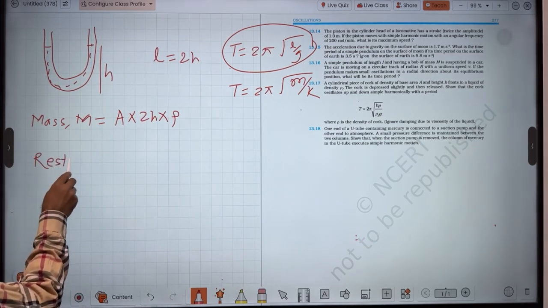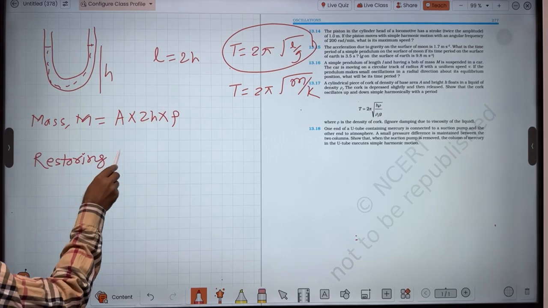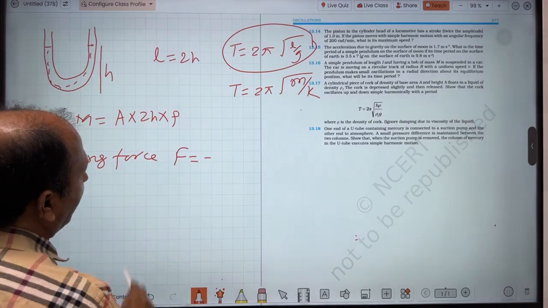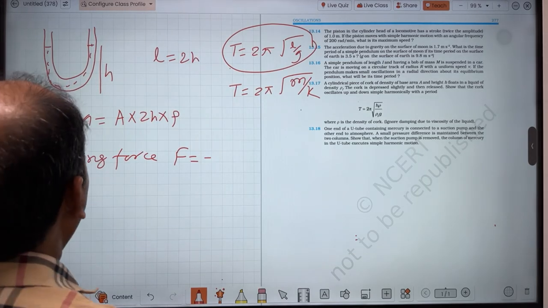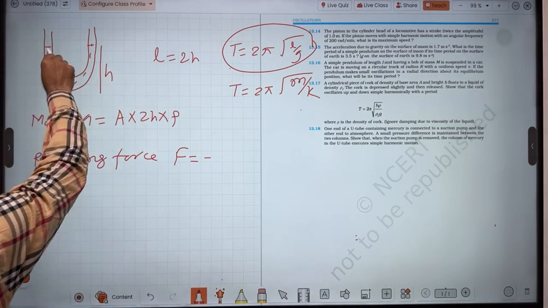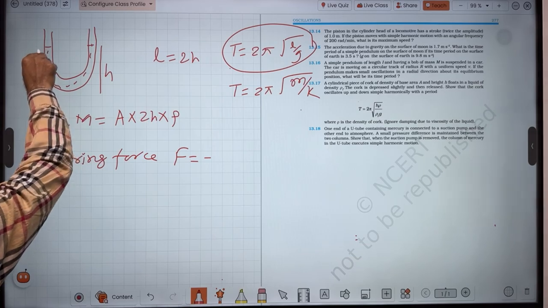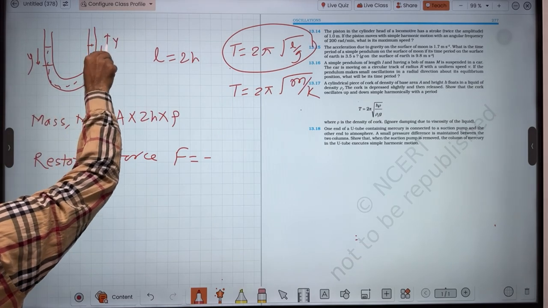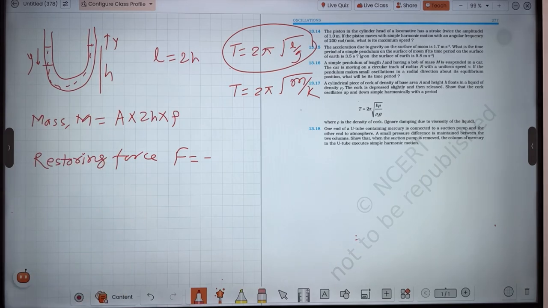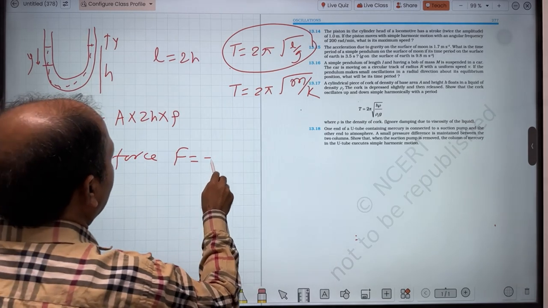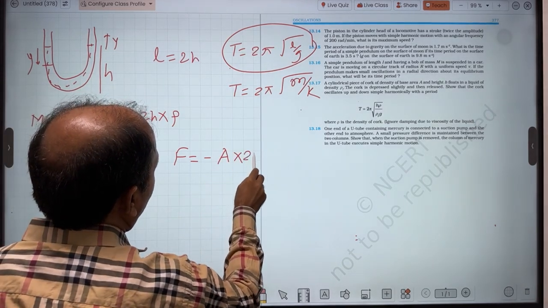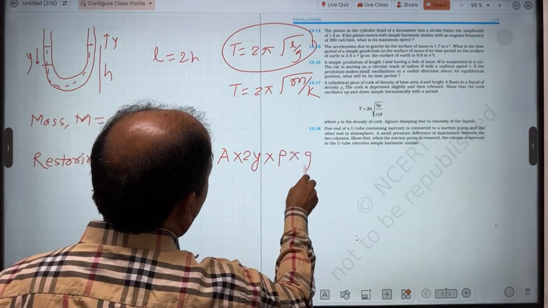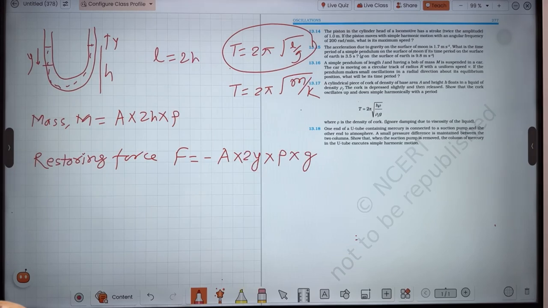So we can say the restoring force F will be equal to minus... Here we are pressing it through distance y, then it will rise through distance y. So the difference between the two levels will be 2y. So we can write A into 2y into density into g.